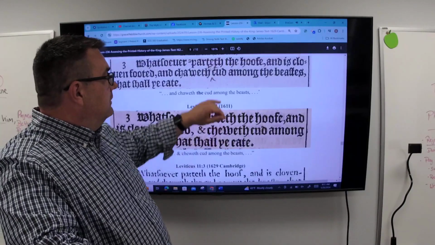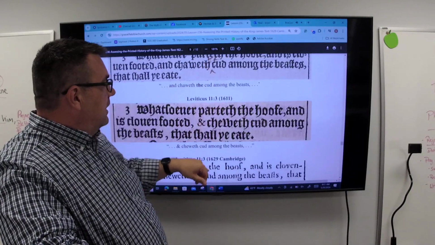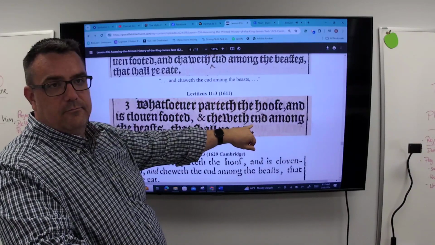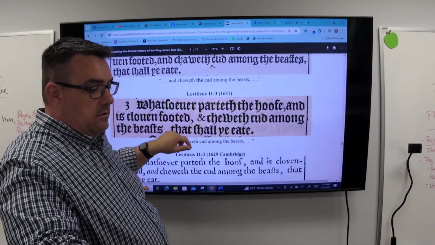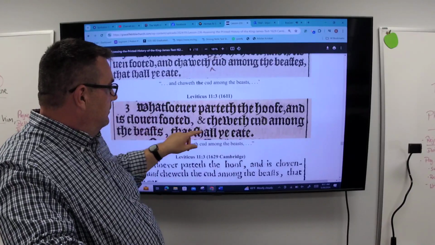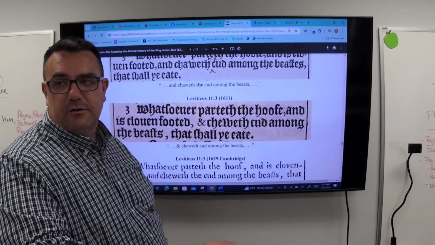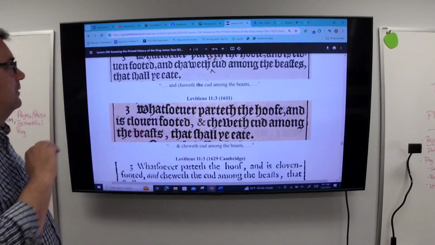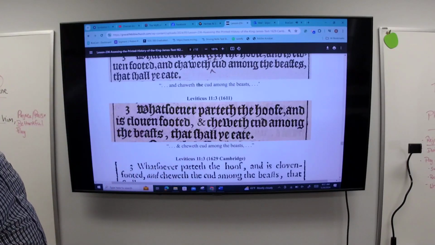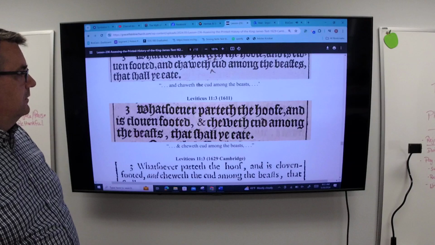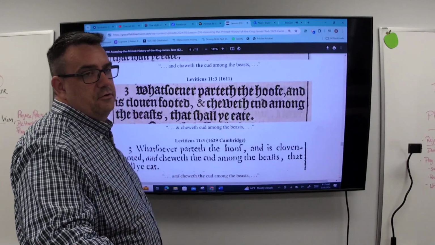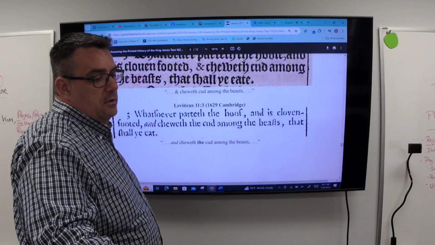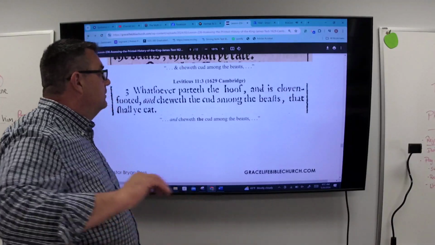So here it is, remember? They insert the. Here it's missing. So it's not in the 1611, and the and became an ampersand, which I think is just a space saver, but the spelling of cheweth was chod, so they changed choth to cheweth too. So here's Cambridge now.